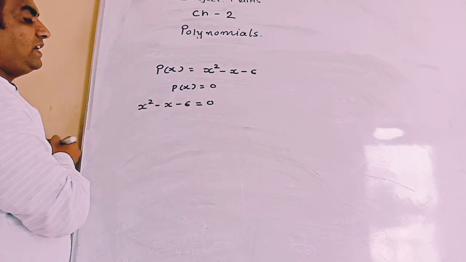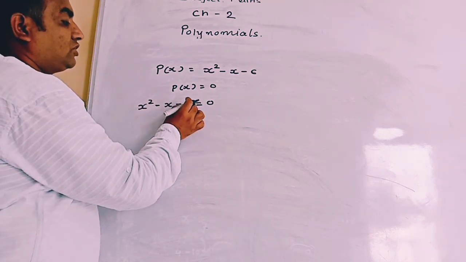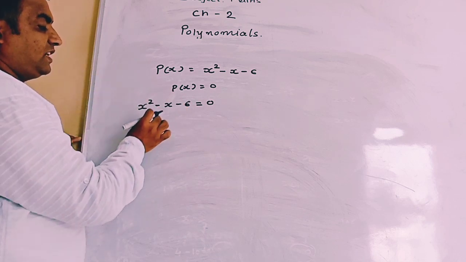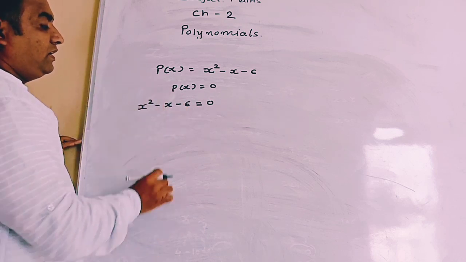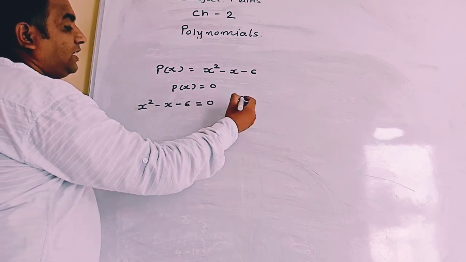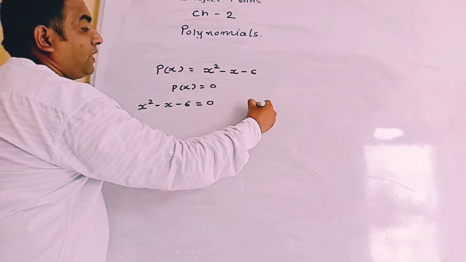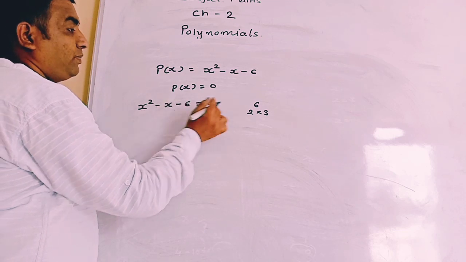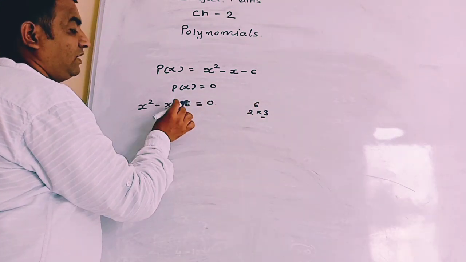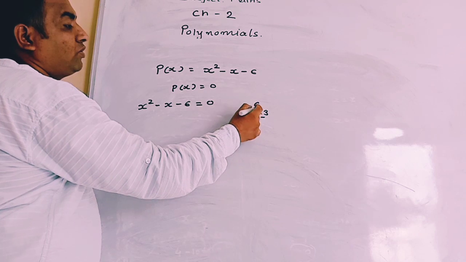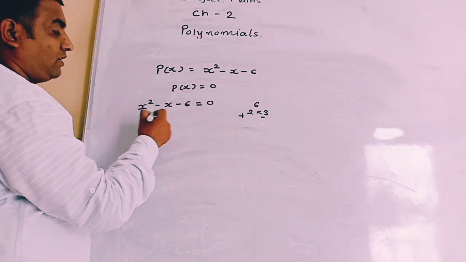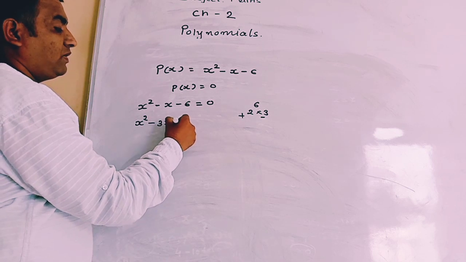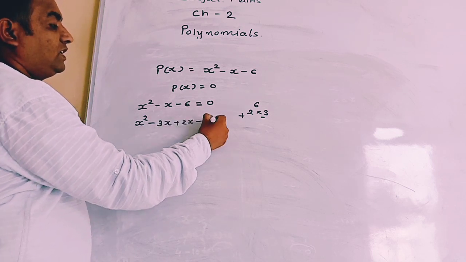The factors of 6 are 2 and 3, and since the middle term is minus 1, the difference must be 1. Since the sign is minus, the bigger number gets the minus sign and the smaller one gets the opposite sign. So it factorizes as x square minus 3x plus 2x minus 6 equals 0.